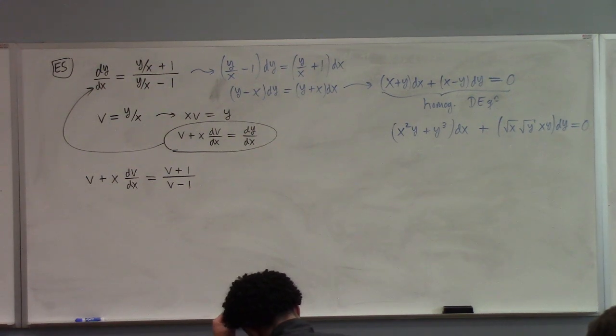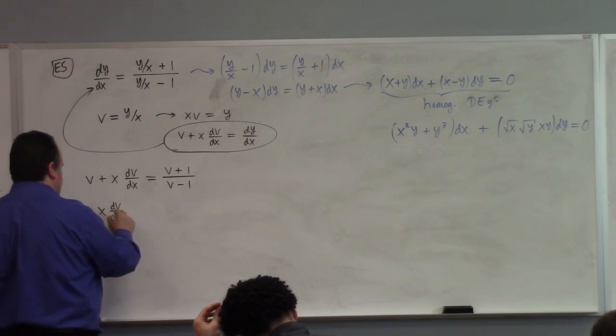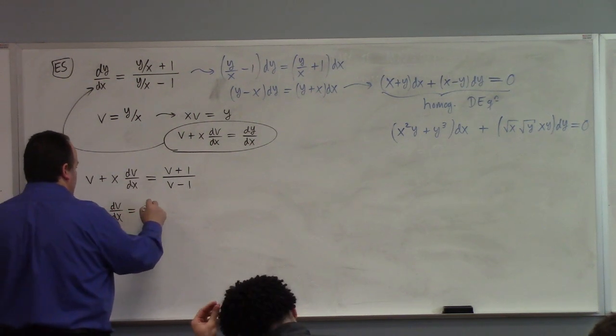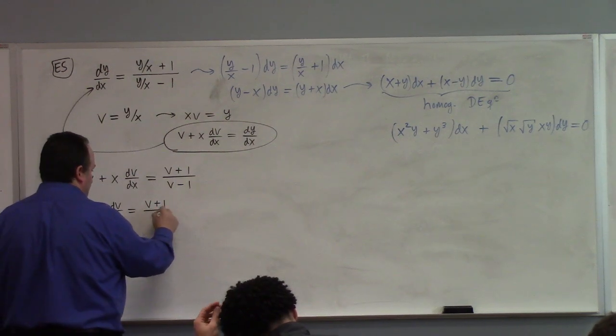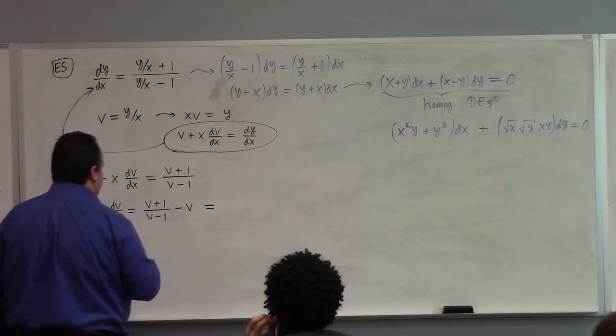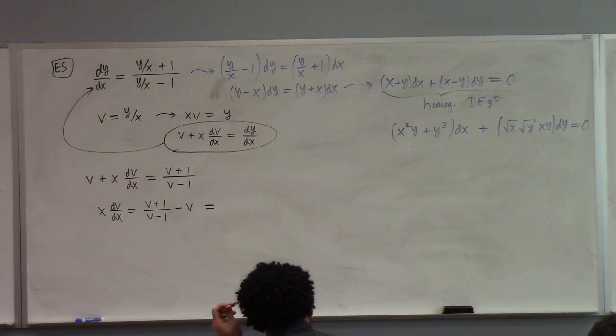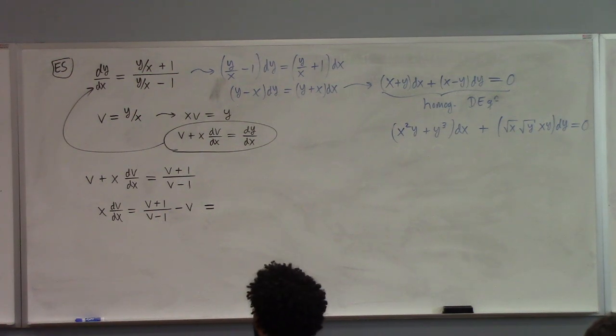So what we probably should do is isolate the differential. So we've got x dv/dx. This is good. This is going to give us a little review of some calculus we probably forgot. So we got minus v. What should we do now? It looks to me like we probably can do separation of variables on this, but I probably need to clean up the formula for v before I do that. What should we do?